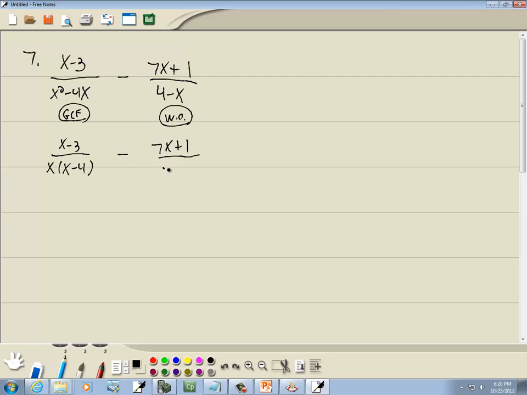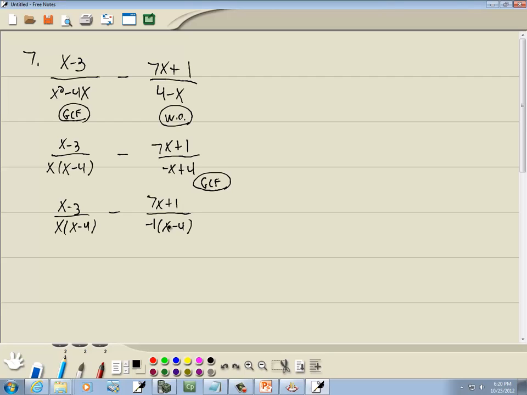Now this one I'm going to rewrite as negative x plus 4. And once I do that, I see it has a GCF. Because remember, if your first term is negative, you always factor out a negative. So this now becomes negative 1 times x minus 4. When you factor out a negative 1, it flips the sign of everything.